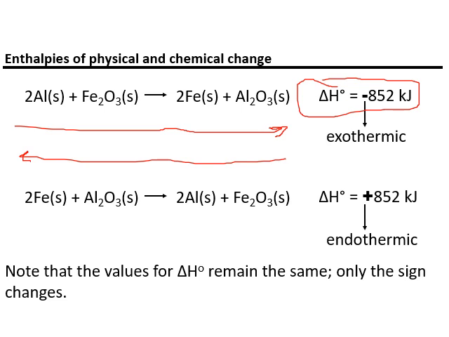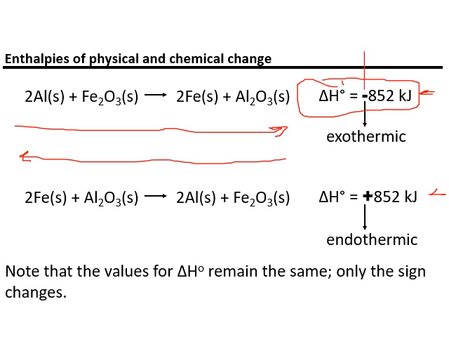So what they want you to notice here is that if you reverse the direction of a reaction as they've done here, the sign changes on your delta H. These were done under standard conditions, so they're both delta H standard with that degree sign there. So what's changing? The sign is changing.